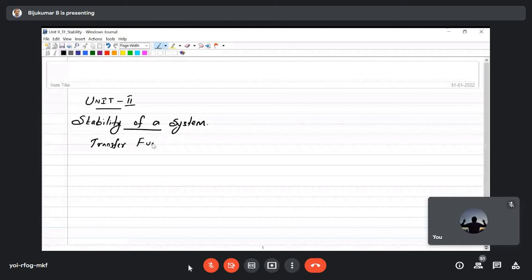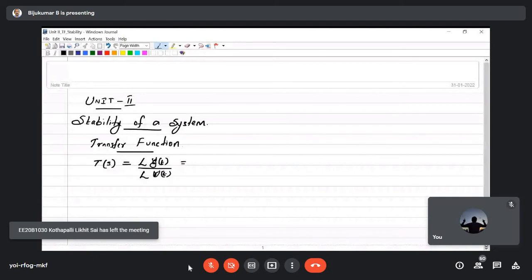So we have seen the transfer function of a system P of S is the Laplace transform of output divided by Laplace transform of input. Some case we will represent y of t, c of t, something like that. In general, we will represent output as y, input as u.